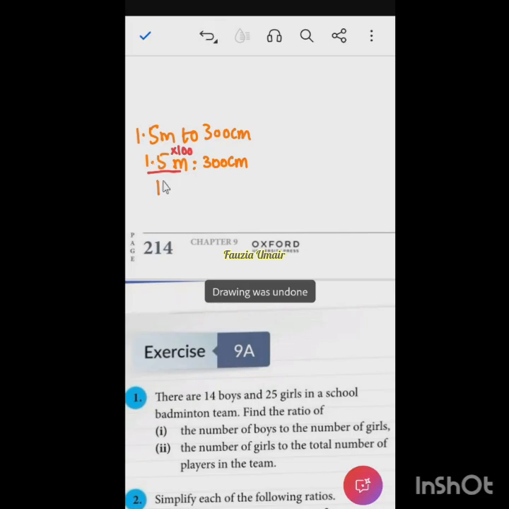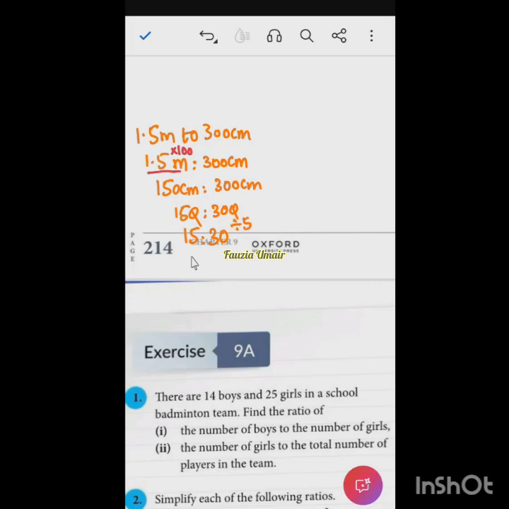So this is now 150 centimeter and this is 300 centimeter. Now, because the unit is same, we will not write down the unit. We will write 150 ratio 300. Now with which number? I can just cancel this 0 from both sides, right? So it will be 15 ratio 30. With which number can I divide them?